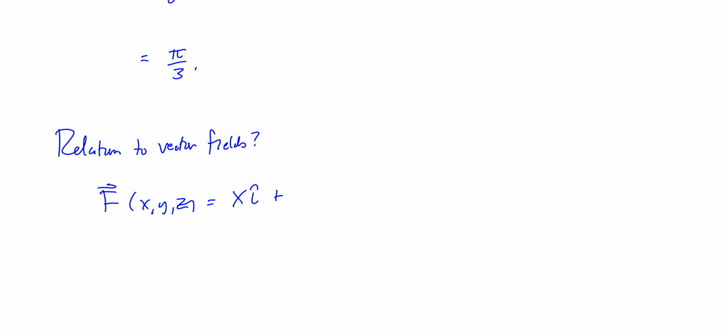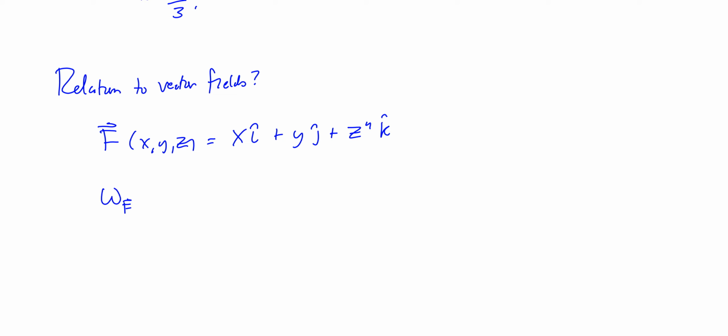And so what we would have done is just taken that vector field, remember, the two-form that came from the vector field, the flux form. So this would have been just x dy wedge dz plus y dz wedge dx plus z to the 4th dx wedge dy.